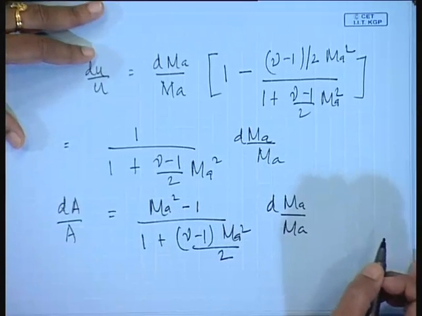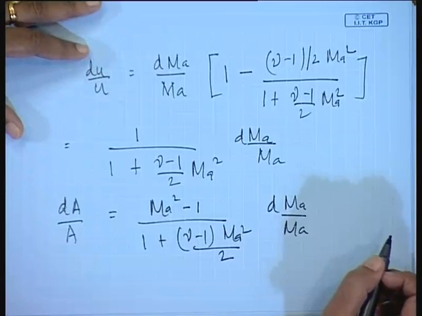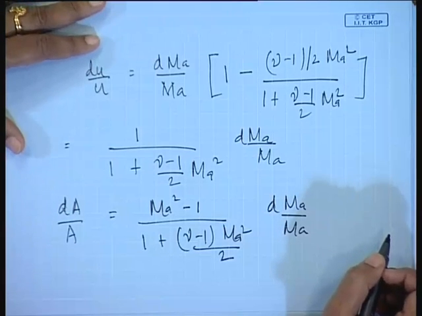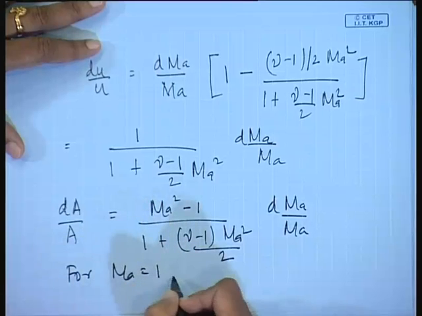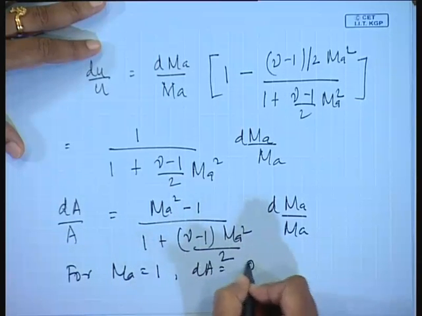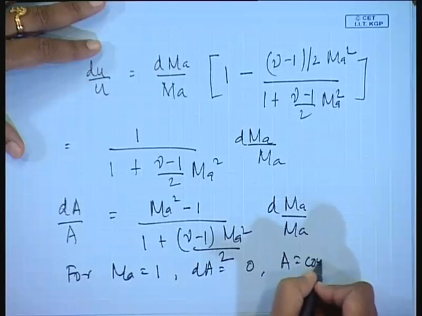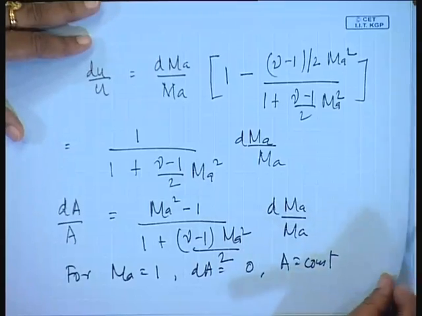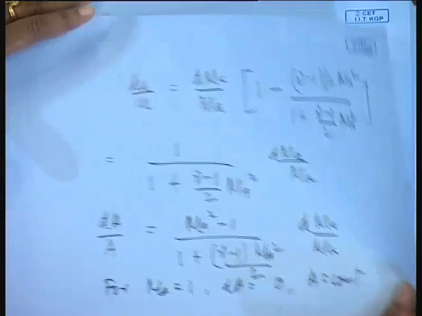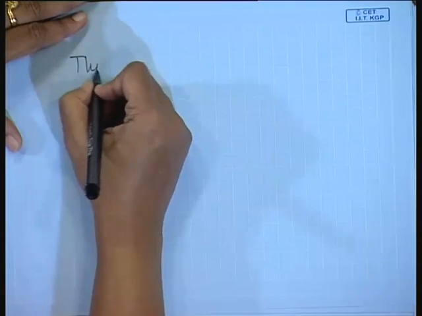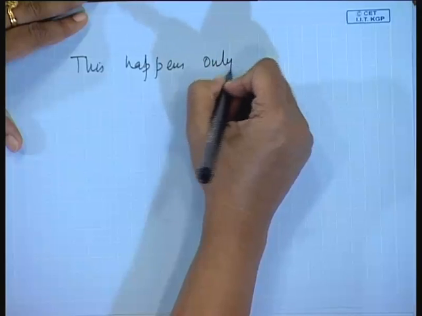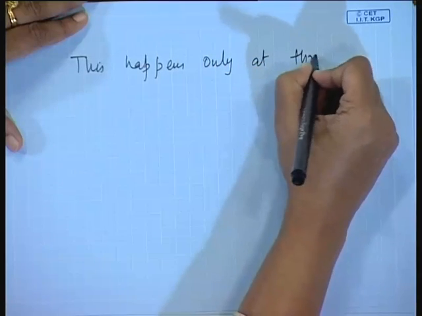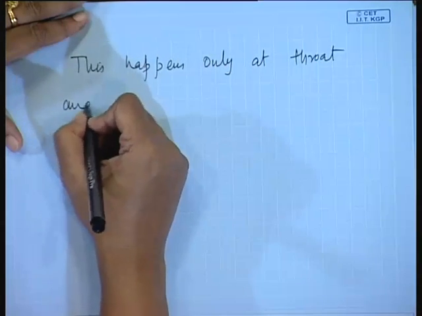So, we had obtained that we get the maximum flow rate for Ma equals 1, and for Ma equals 1, dA equals 0, or A has to be constant. In other words, we observe that this happens only at the throat and nowhere else.